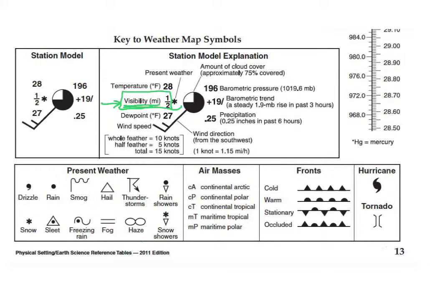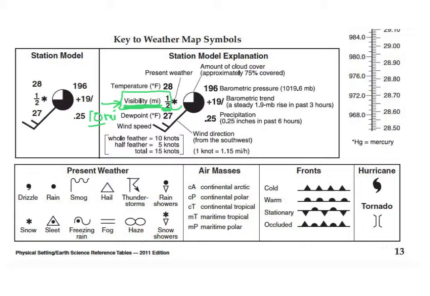The biggest this number can be is about 10 miles. That's as far as you can usually see if the visibility is really good. Usually the visibility gets smaller if it's snowing or foggy or raining and you can't see very far out in front of you. And this can be a problem if you're flying or driving.